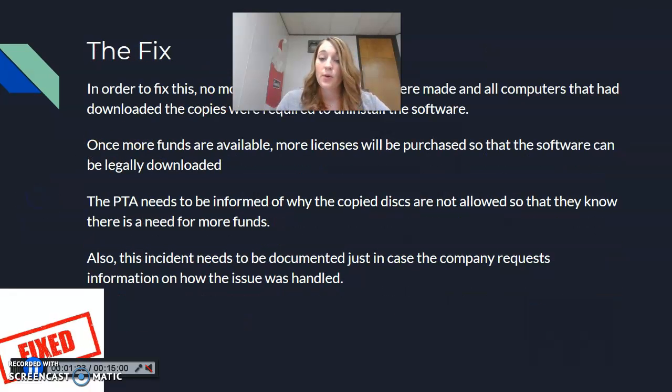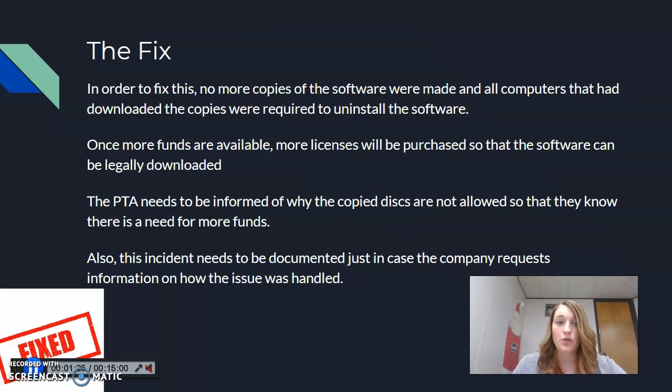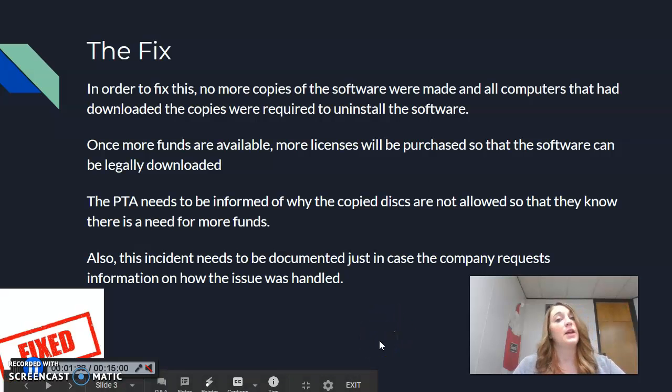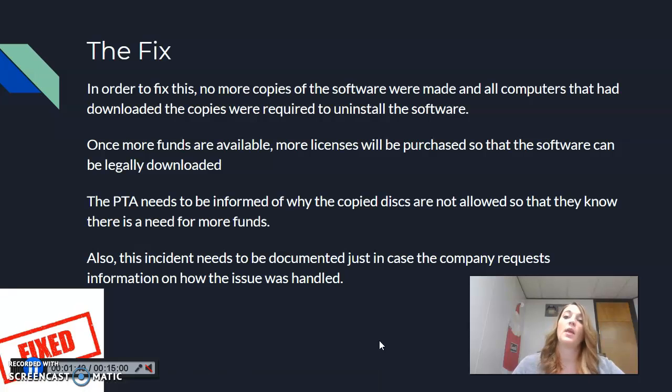Okay, so in order to fix this copyright issue, first of all, copies that were being made needed to be stopped and completely destroyed. So all of the blank disks that had not had software on them were good, but if it had software on it, it needed to be destroyed. And then no more copies were to be made. And then computers that had already downloaded the copies needed to uninstall the software.